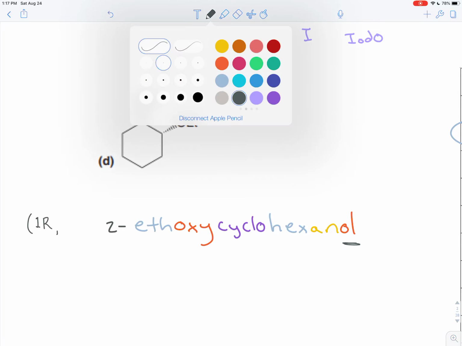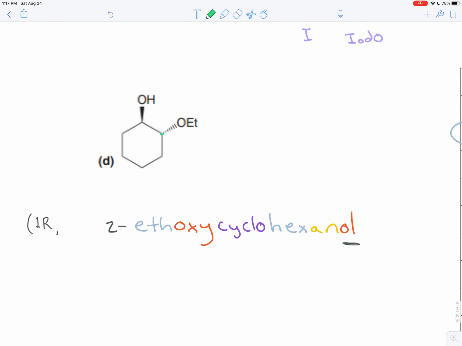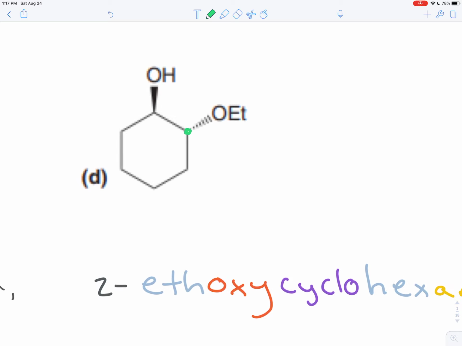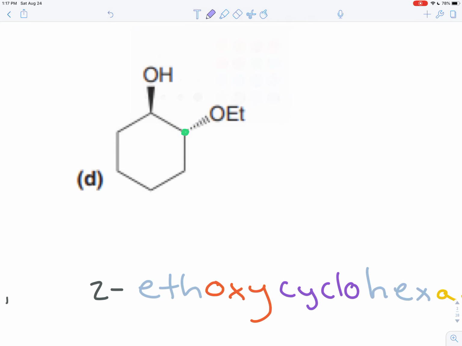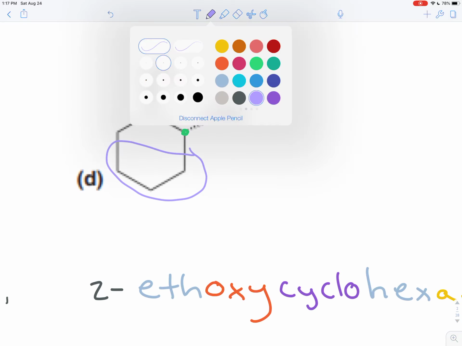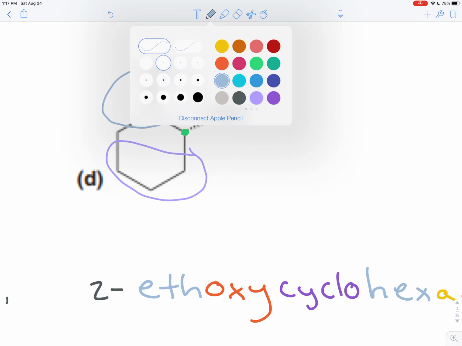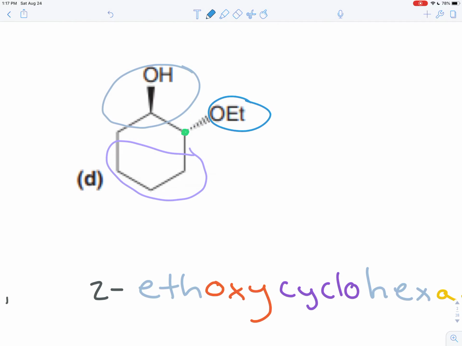And the other chiral center, if we have it, would probably be right here, because that's where we have those dashed wedges. So let's see if that is bonded to 4 different things. We've got a part of the ring that doesn't have anything on it. That's one thing. We have a part of the ring that has the OH on it. That's a second thing. We have an ethoxy group.